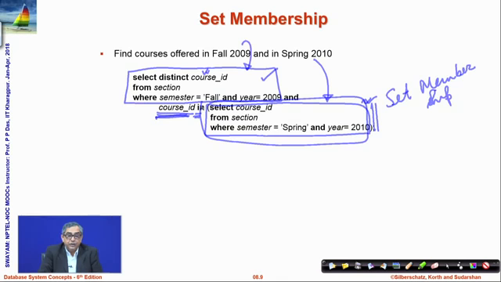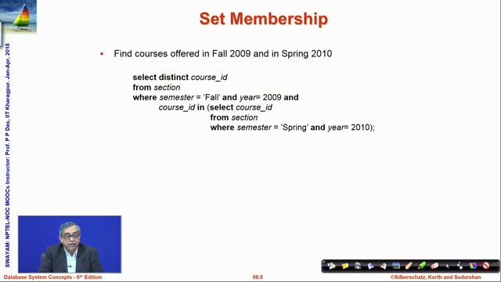If it is not present, then it is offered only in fall 2009 and not in spring 2010. And certainly, the courses that were not offered in fall 2009 and only offered in spring 2010 will feature here, but they do not exist here. So, they will never come up for test. As a result, what I get finally is the effect of computing courses that are offered in fall 2009 and in spring 2010.